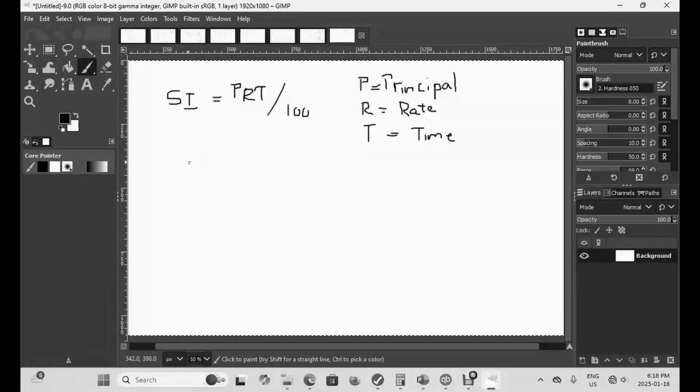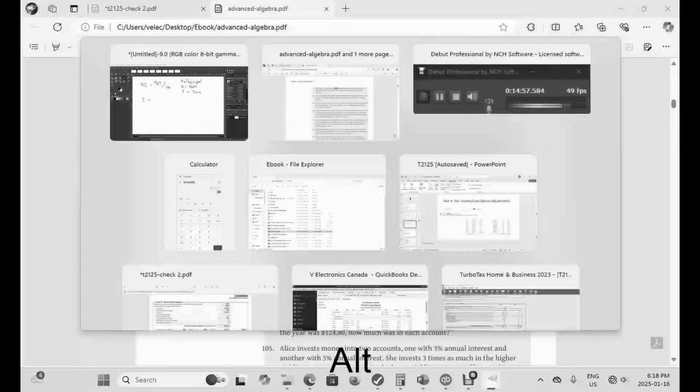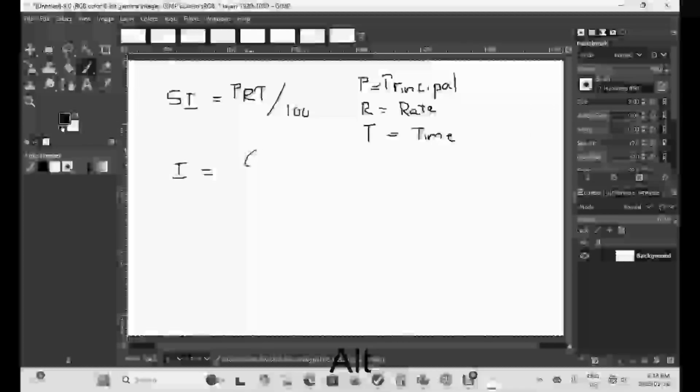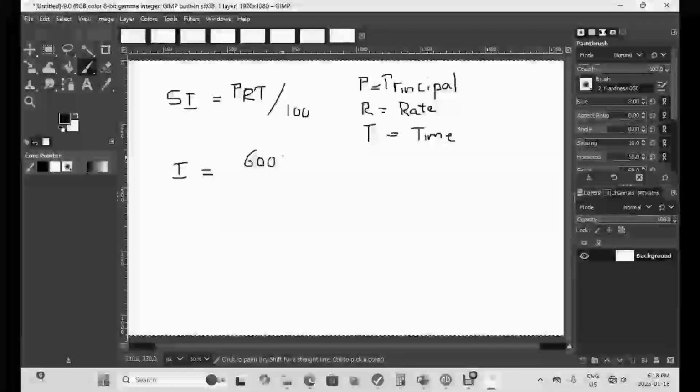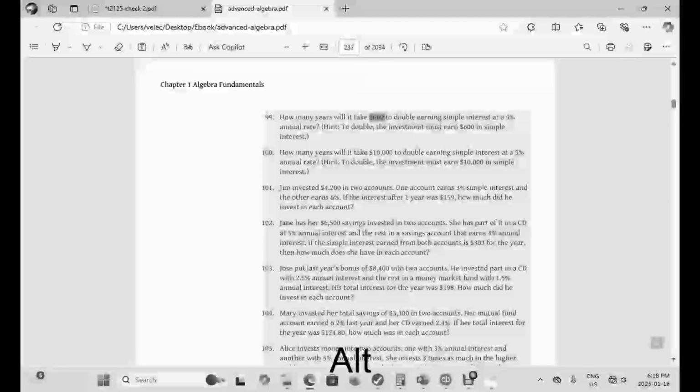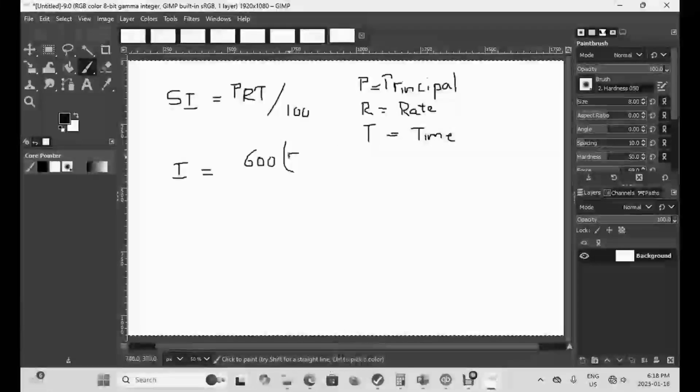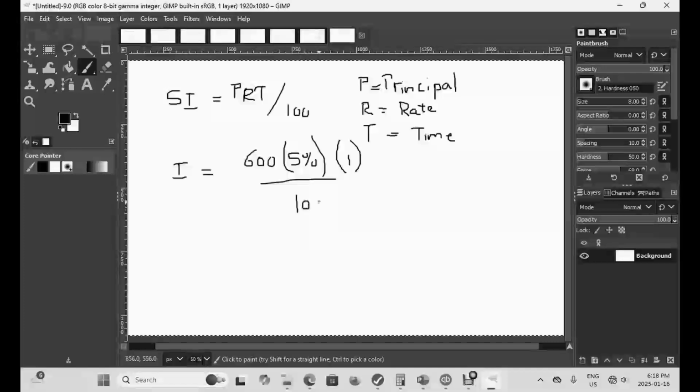So we need to figure out how much interest you are earning every year. Principal, $600, times rate, 5%, times 1 year, all divided by 100.